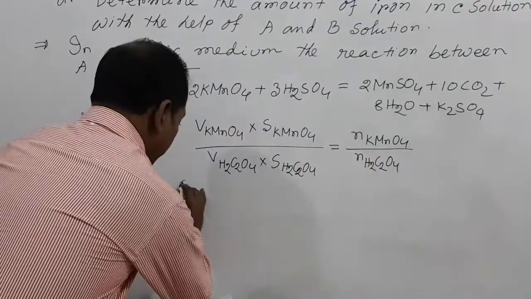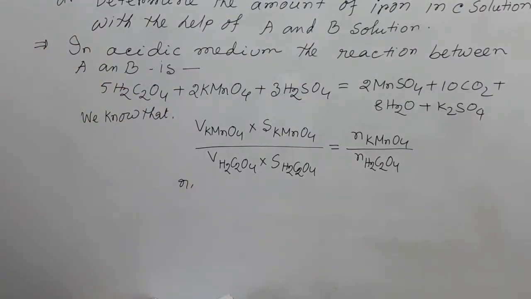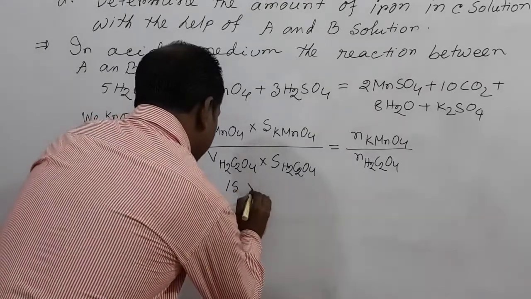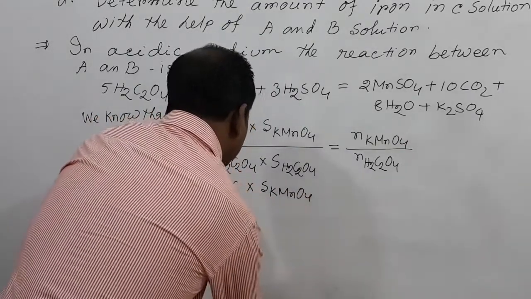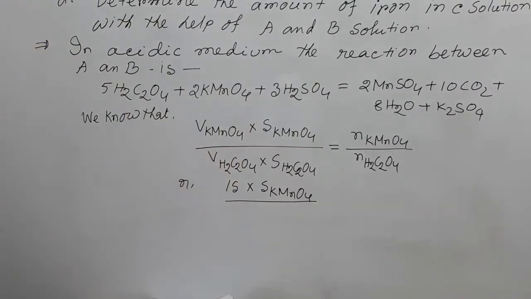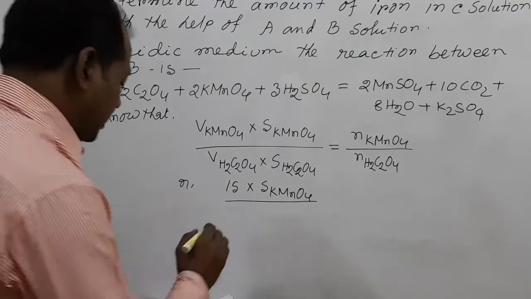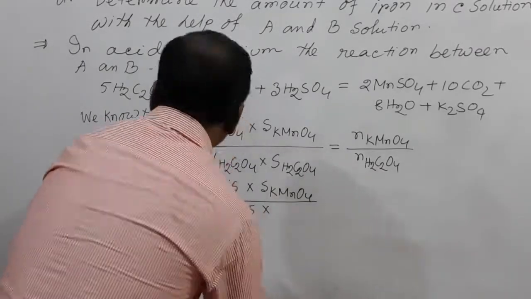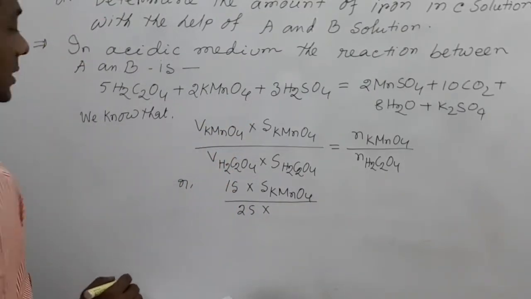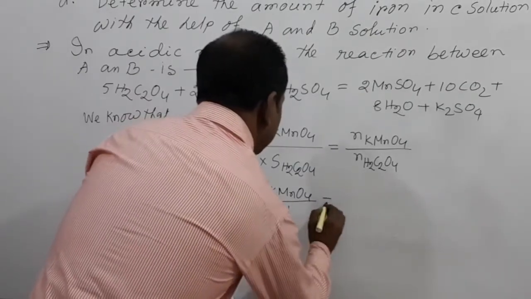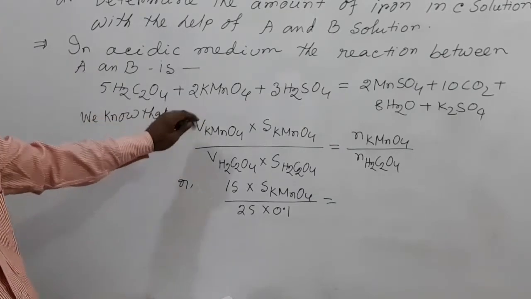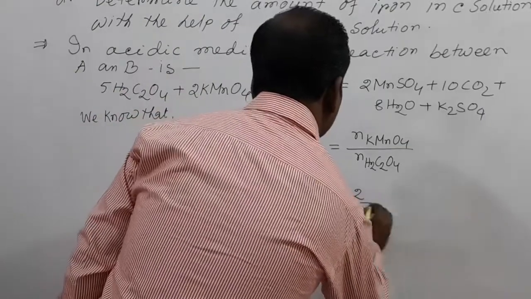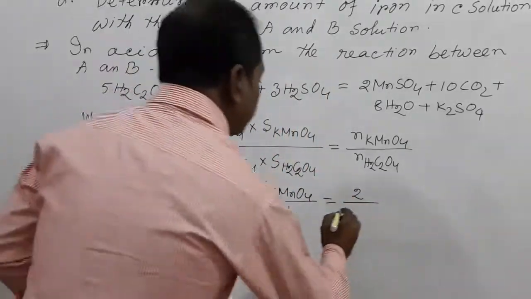And here the given volume of potassium permanganate is 15 ml, so 15 into S KMnO4, divided by the volume of oxalic acid, that is 25 ml, 25 into the concentration of oxalic acid, that is 0.1, equal to, here students see that the mole number of potassium permanganate is 2 and the mole number of oxalic acid is 5.